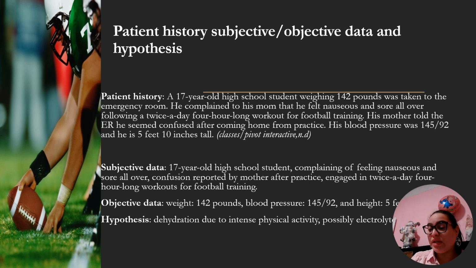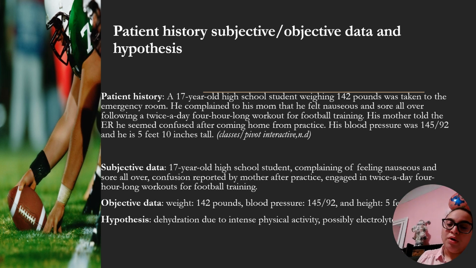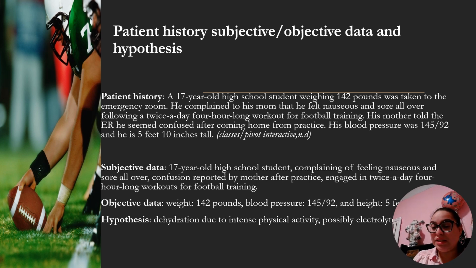Subjective data is the chief complaint, the reason why the patient went to the emergency room. For example, in this case, he went to the emergency room because he was feeling nauseous, and also he was complaining of soreness all over his body. The objective data is the value that we can measure.